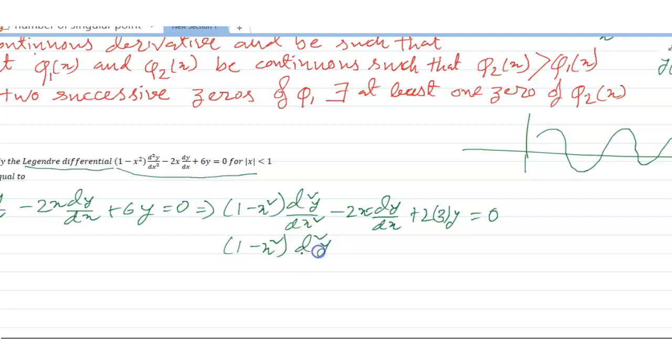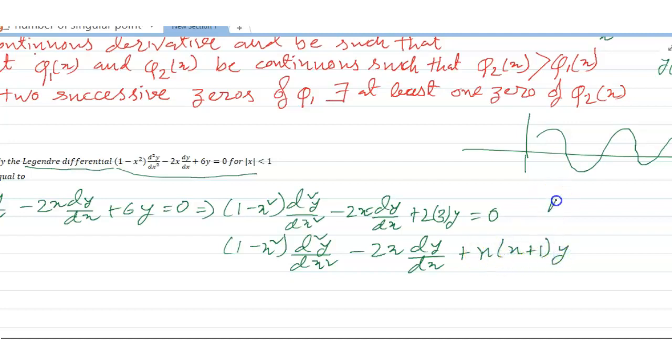That implies, it can be written this way, (1 minus x squared) d²y/dx², sorry, this is not plus, it is minus, minus 2x dy/dx plus n(n plus 1) y.